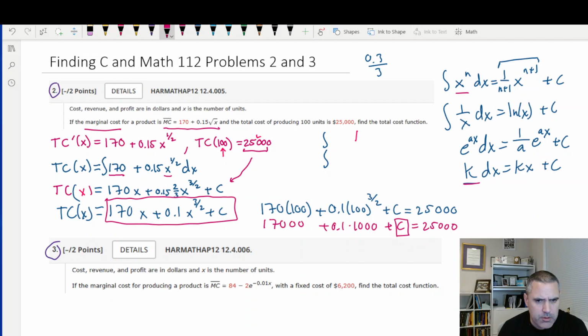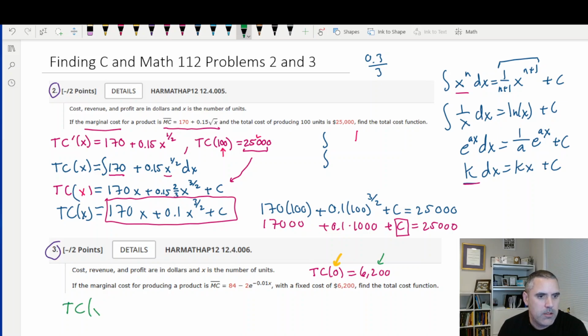They give you an initial condition. This means that the cost starts at 6,200. Just because this is 0, don't assume that this is C. Don't assume this is C. You're still going to have to plug in. In fact, in this case, that's not what happened. So we'll see. Let's integrate.